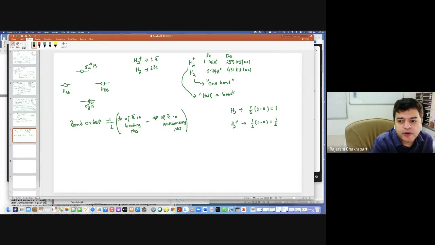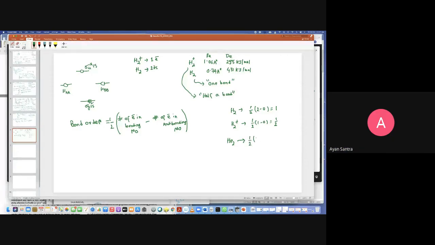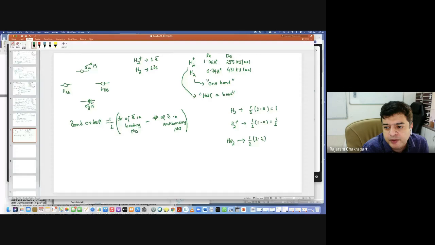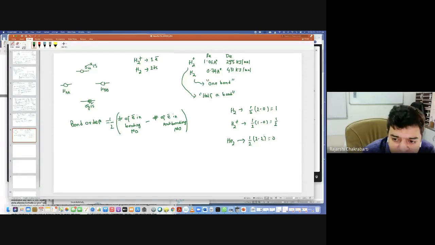Okay. Now, what about helium-2? If I have a molecule like helium-2, what will be the bond order? Helium-2 bond order is going to be 0. Why? Because the 2 electrons are also in anti-bonding.